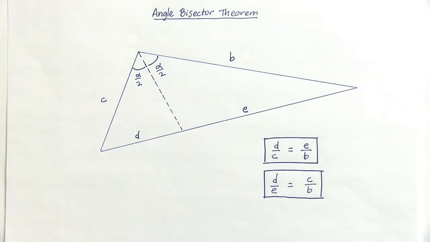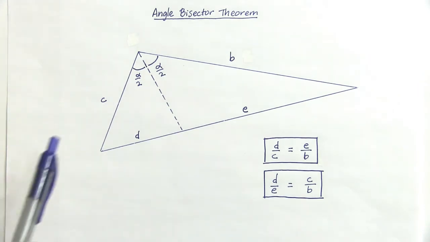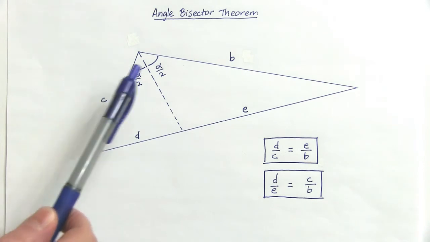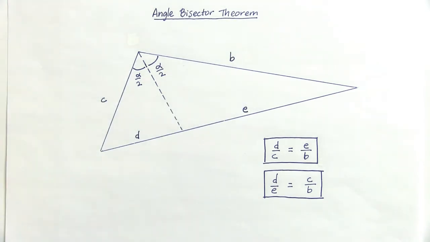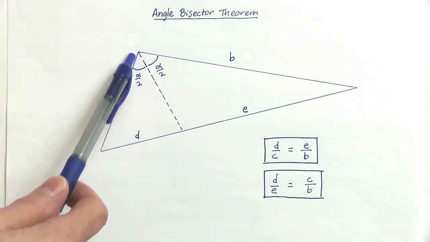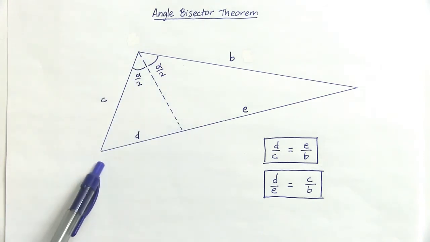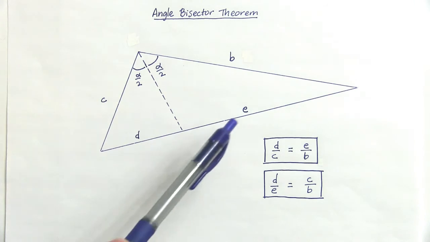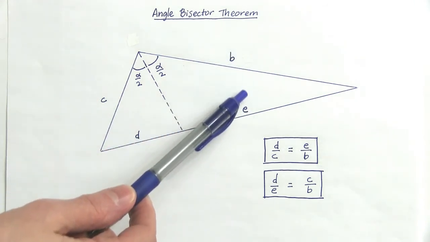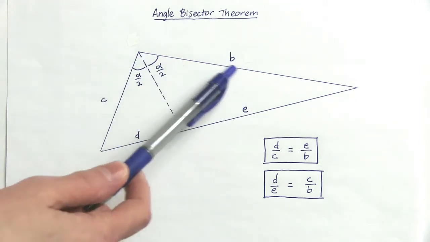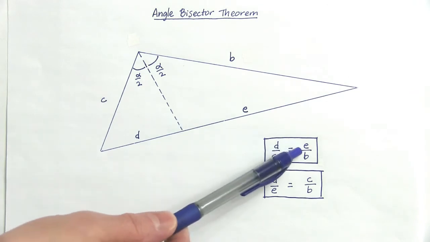There are two ways we can look at it. We can say D is to C as E is to B. So we can take the ratio of the sides D over C in one half of this triangle and take the ratio of the corresponding sides E over B in the other half of this triangle, and they are equal.